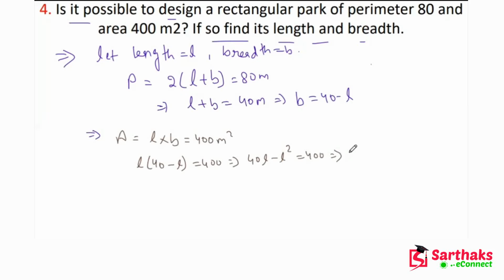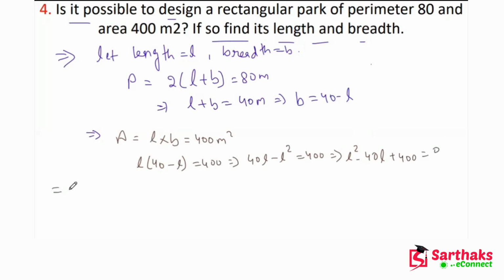From this, L square minus 40L plus 400 equals 0.